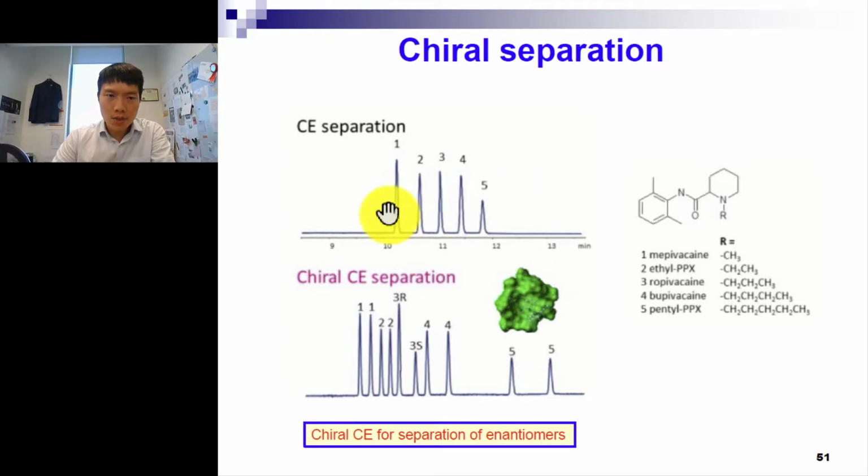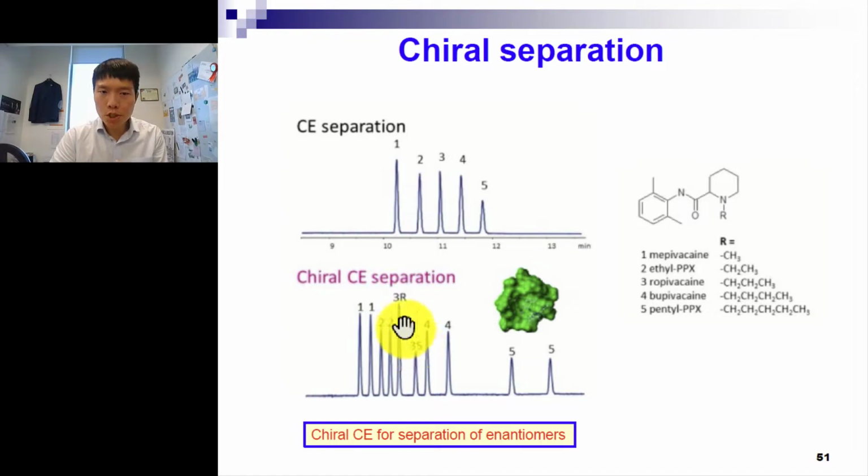So here are some sample pictures of an electrophoregram after you have separated them using CE. This is how it looks. Before you have a chiral separation, you have just 1, 2, 3, or 5 different substrates here, with different R chain length. But if you have chiral separation, then each of these peaks separates into 2, because now you can see the chirality moving at different speeds. Of course, 1, 1, then 2, 2, then R 3, 3, 4, 4.